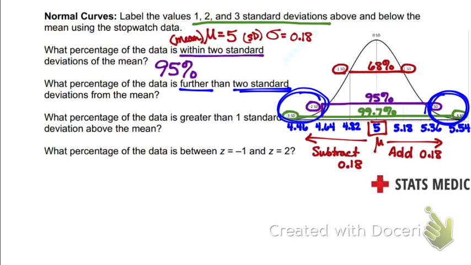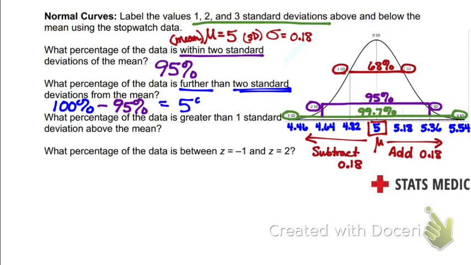Why 5? 2 and 3. Close. The whole thing together adds up to what percent? 100%. Minus those 2 standard deviations containing 95% of all of my data, so those outward little tail pieces only contain 5% of all of the data.